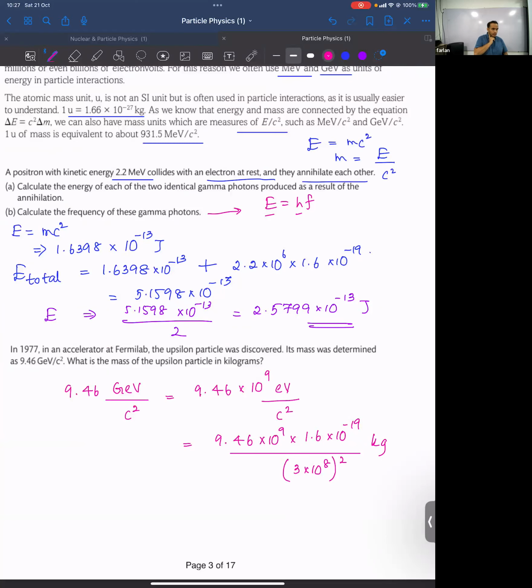To convert giga electron volts to electron volts, I multiply by 10 to the power 9. Then to convert electron volts to joules, I multiply by 1.6 into 10 to the power minus 19. No, this is in kilograms this time: 1.68 into 10 to the power minus 26.